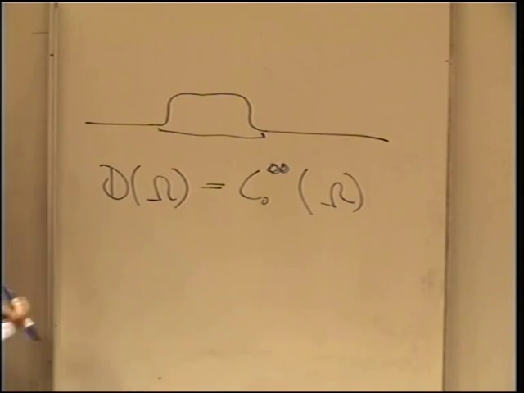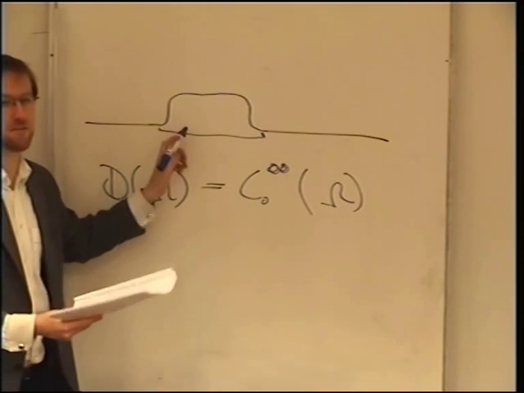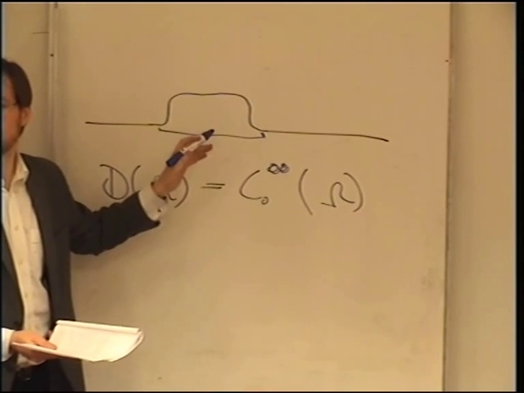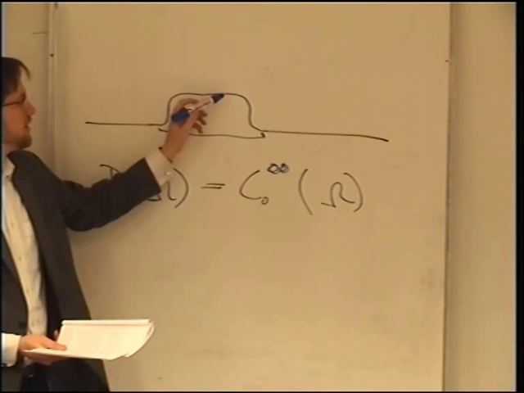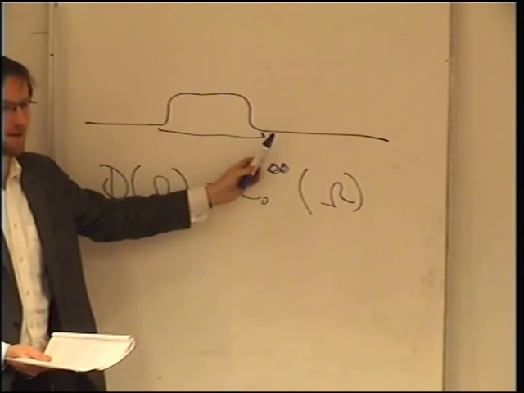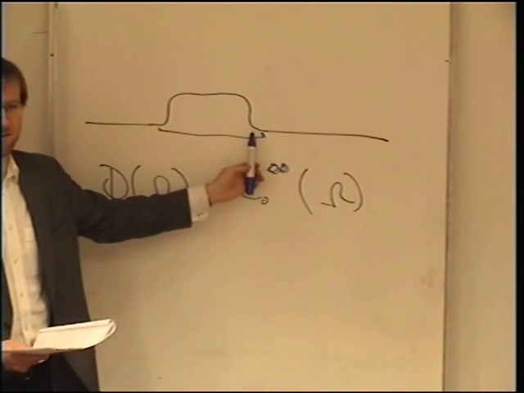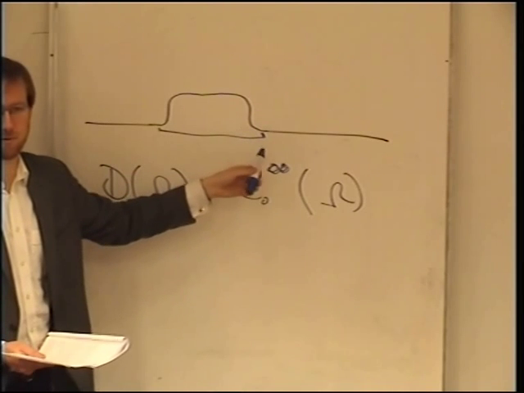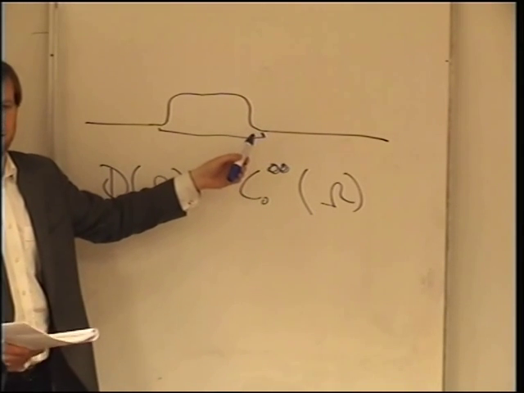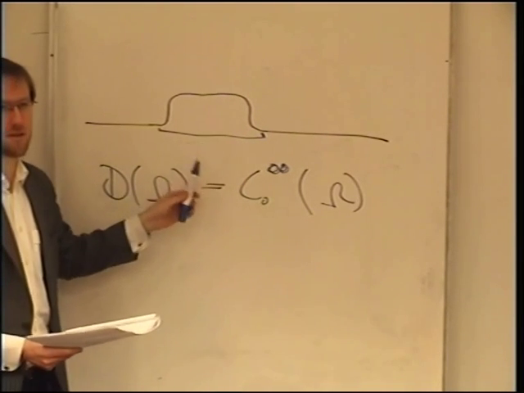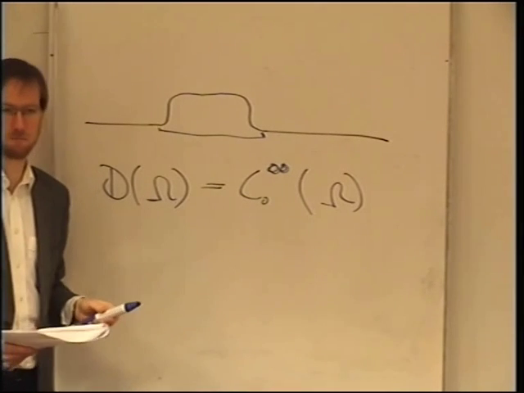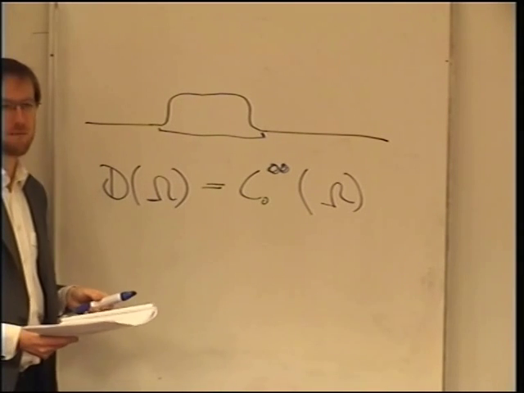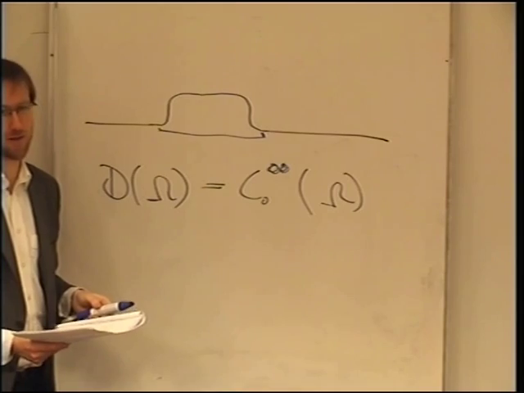You can do more interesting things than be flat in the middle there. It really doesn't matter. The point is that they're very smooth, and then they go away and vanish in a finite amount of distance while still being infinitely smooth. And for our purposes today, the whole point of these functions is that they behave really, really well when you take their derivatives.